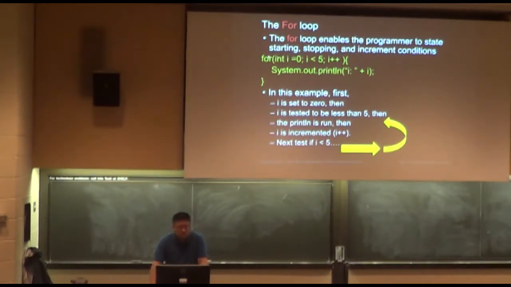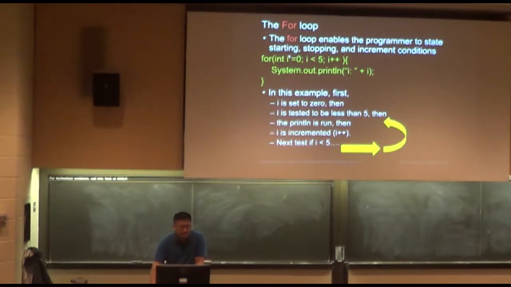So a for loop always starts with the for statement, and then it gives you an opportunity to initialize variables. You can actually initialize more than one. You can Google how exactly to do that. It's not unusual. You can initialize multiple variables, and then you also state the condition for iteration. In this case, it's i less than 5.